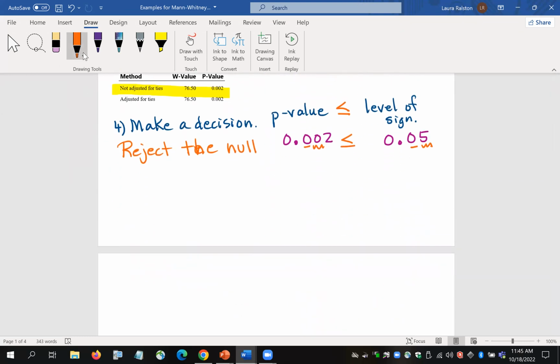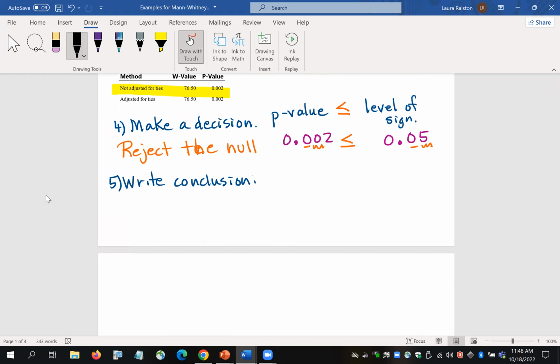Okay. Now, there's a couple of ways you can write your conclusion. Again, you still include your level of significance.